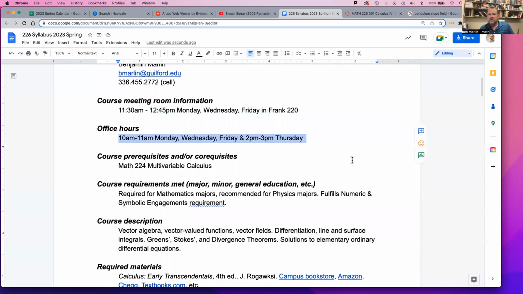My office hours are going to be 10 to 11, so before class on Monday, Wednesday, and Friday, days of class. But then also Tuesday afternoons, I'm going to try to have office hours then, probably from 2 to 3. But that's not a sure thing because there's a bunch of meetings I have to go to all the time.